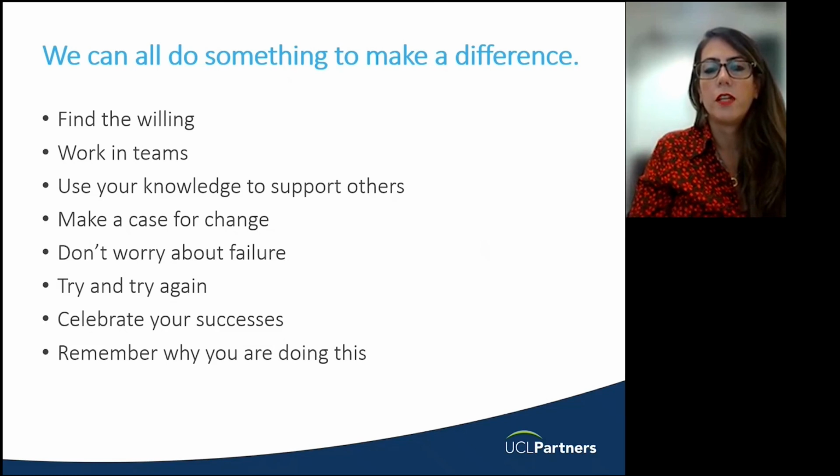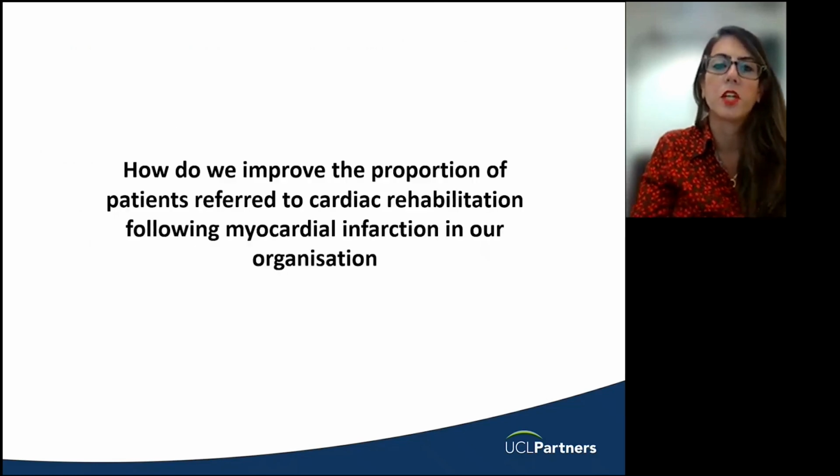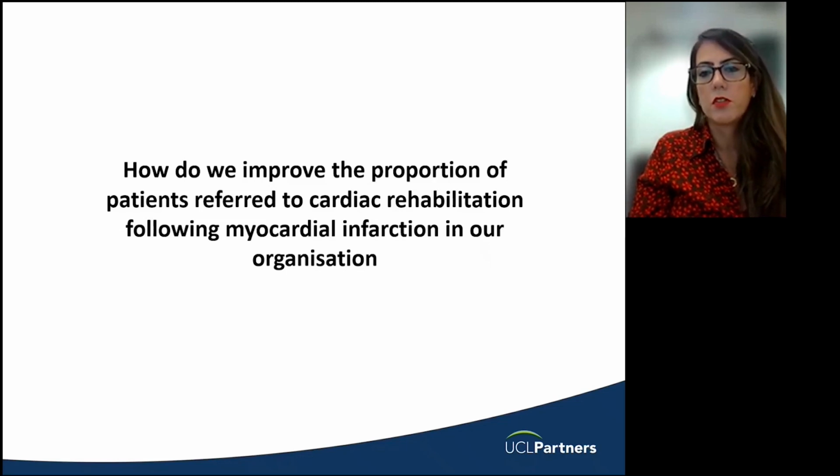So hopefully, if you've come up with this problem, such as having looked at your audit data and seeing that you're a bit of an outlier in an area, and asking yourself the question, how do we improve that, we've given you some tools that might help around setting a SMART aim, thinking about what you're going to measure and using some visual measurement aids for that and looking at change over time, thinking about how you put a plan on a page and gather ideas and map the issues and think about what might lead to that, and then going through a bit of a cycle to enact the change.